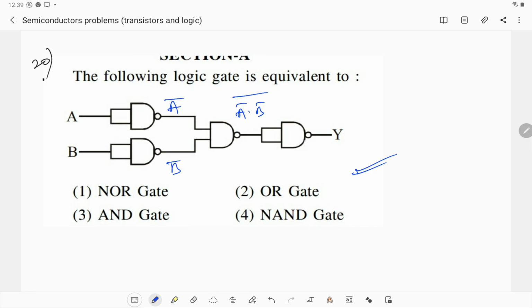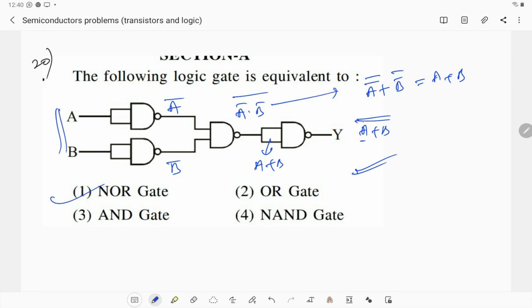And here this becomes, according to De Morgan theorem, A double bar plus B double bar. This becomes A plus B. Therefore, here A plus B and output is (A plus B) whole bar. Therefore, input is A, B, output is (A plus B) whole bar. Therefore, NOR gate.